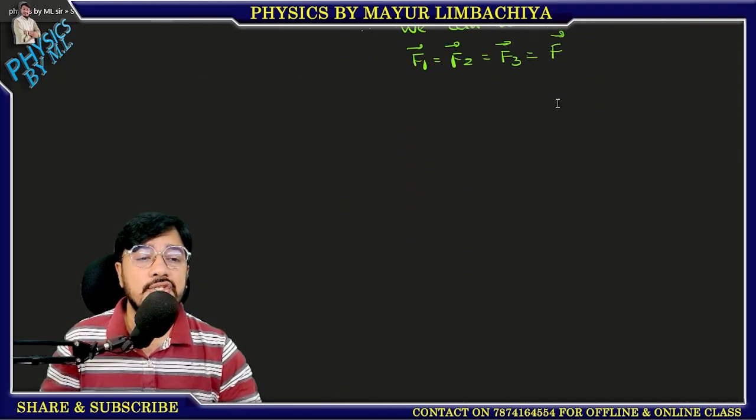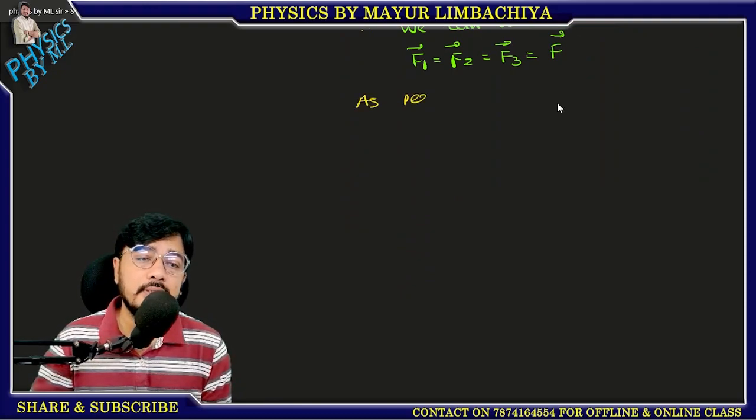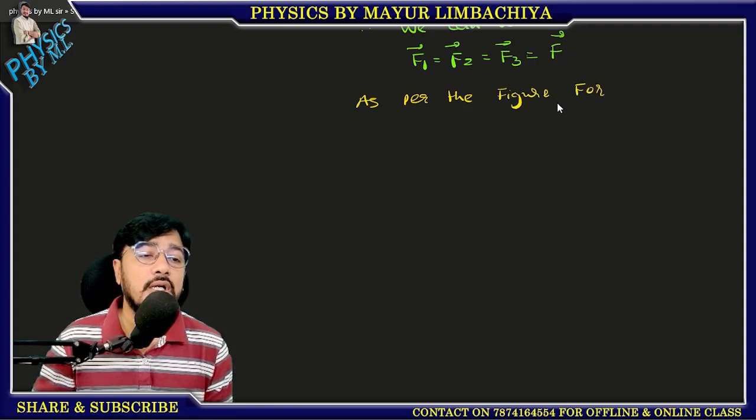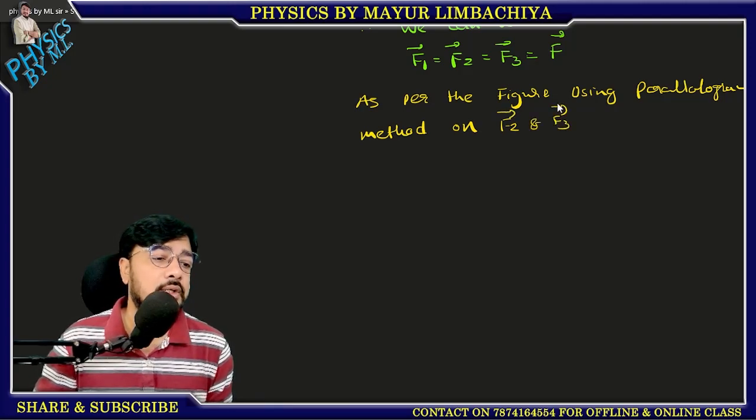So let's use, as per the figure, the parallelogram method on F2 and F3, which will be like this.